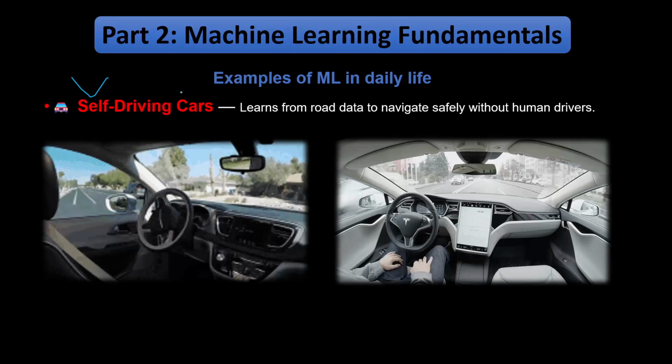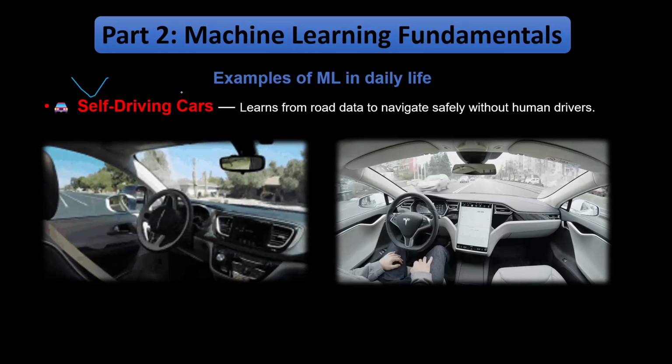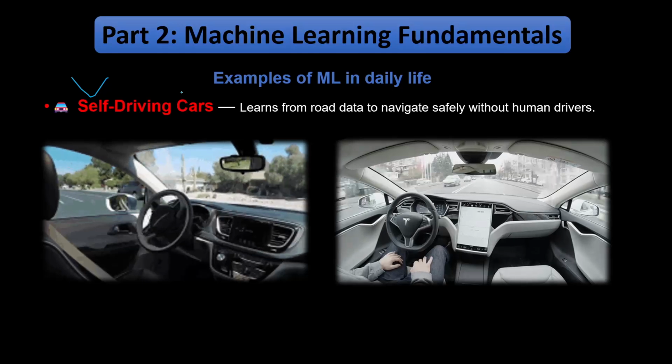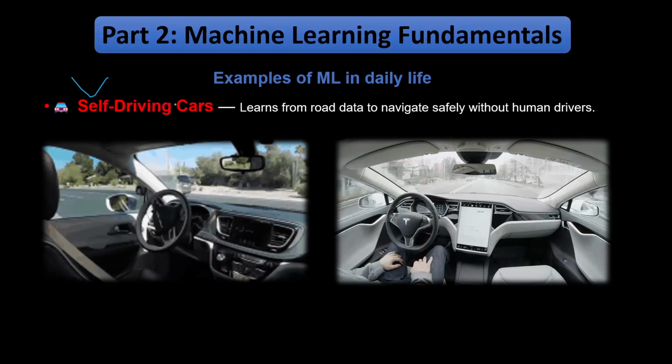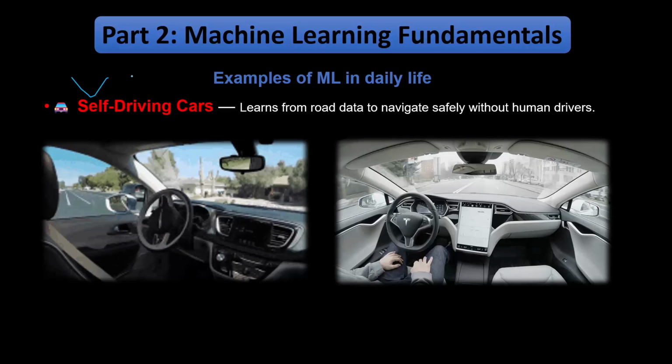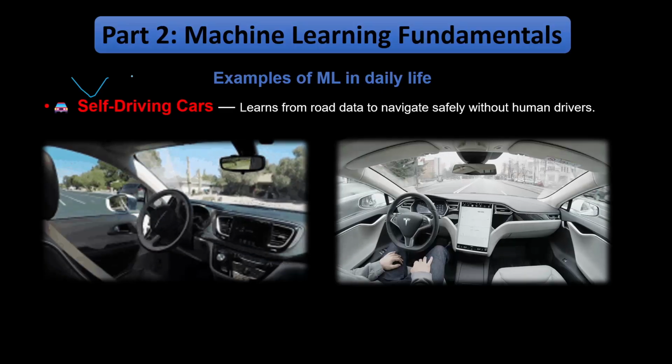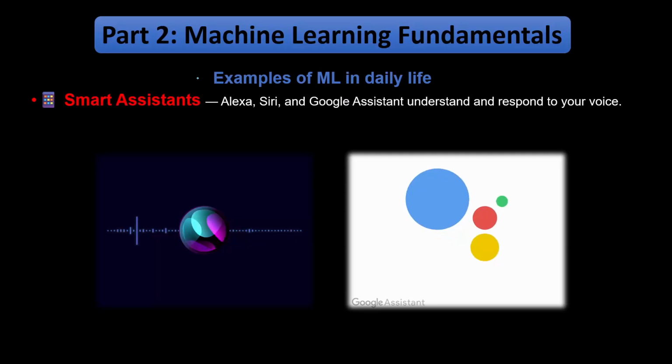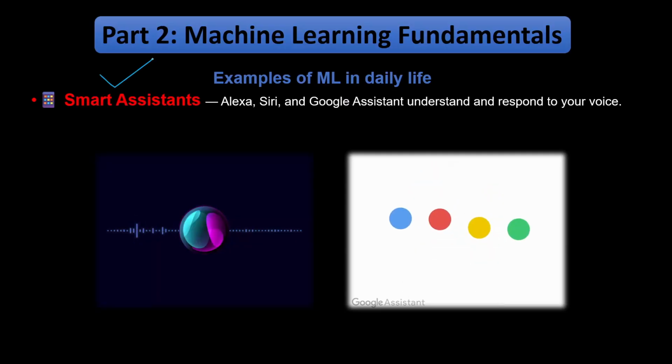Here self-driving cars use machine learning and deep learning models with cameras and sensors that collect data from the road or their environment, and based on that input data they navigate safely without human driving. Third example is smart assistants.